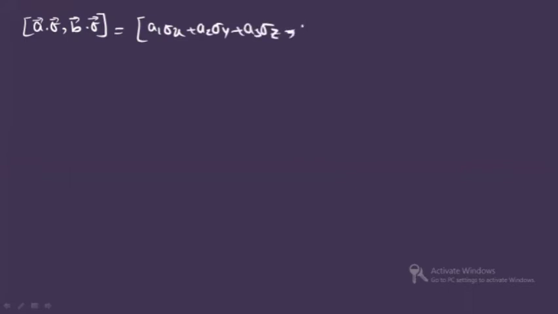So if you have to calculate this commutation of A·σ comma B·σ, we have already seen the values. A·σ was A1 σx + A2 σy + A3 σz, comma, B1 σx + B2 σy + B3 σz.